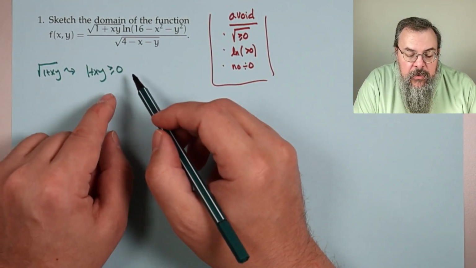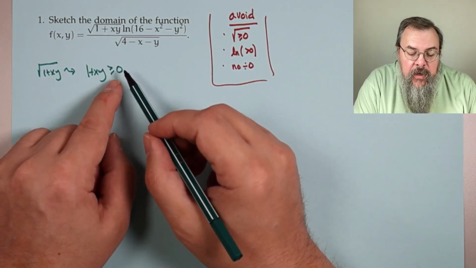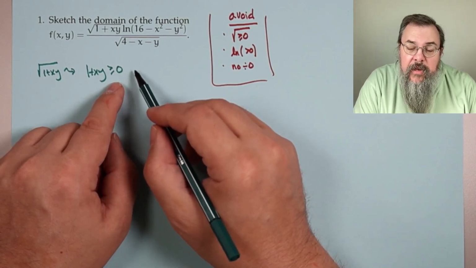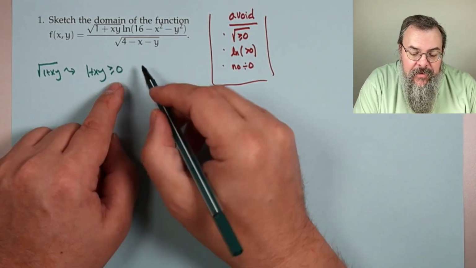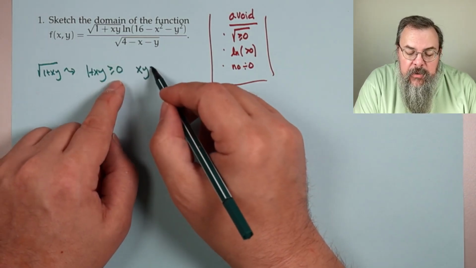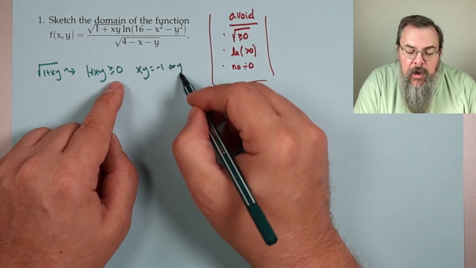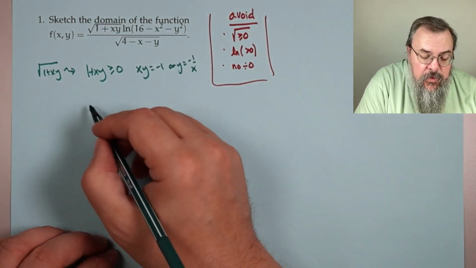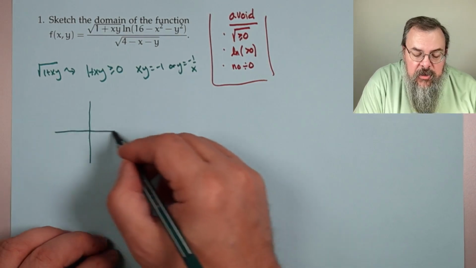All right, well, now, this is not always so clear what that is. So let me just say, let's do equality. If we do an equality, xy plus 1 equals 0, xy equals minus 1, or y equals minus 1 over x. So we'll sketch here.